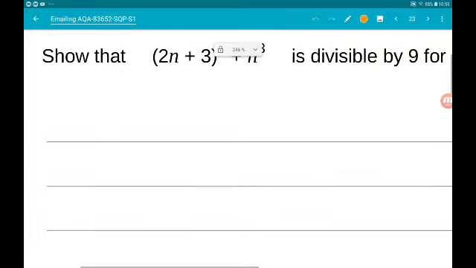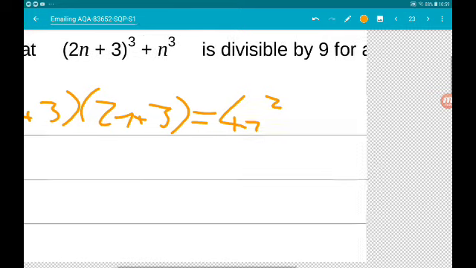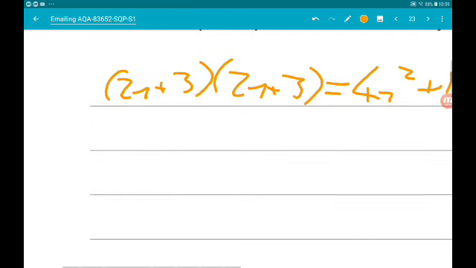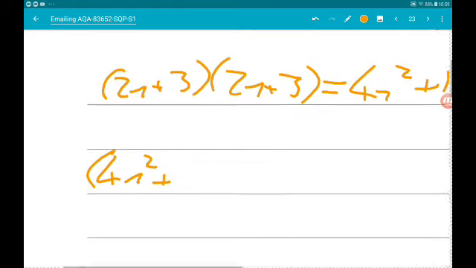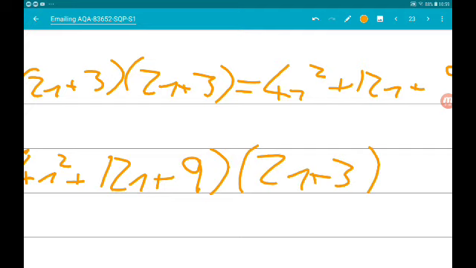So, 2n plus 3 times 2n plus 3 is 4n squared, add 12n, add 9. So then we need to do 4n squared, add 12n, add 9 times 2n, add 3.